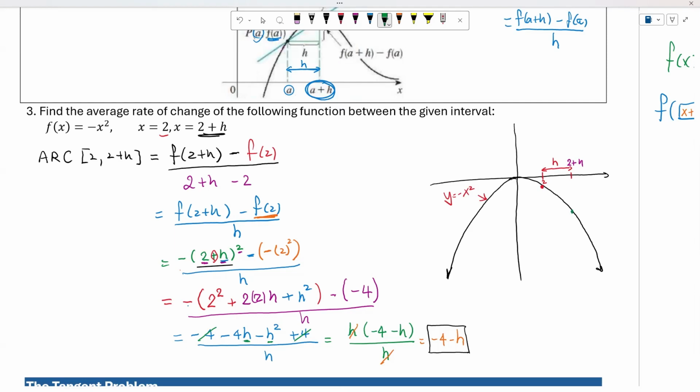So again, to this point, it will be 2, f of 2, and to this point, it will be 2 plus h, f of 2 plus h.